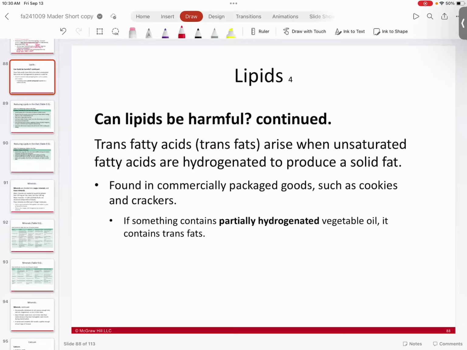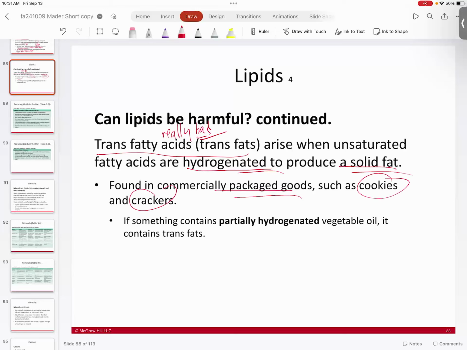Trans fats. So trans fats are really, really bad. Basically, we manufacture these when we take a saturated fat and hydrogenate it to produce a solid fat. Generally speaking, these are all in packaged goods, like the things we love, cookies, crackers, things like that.